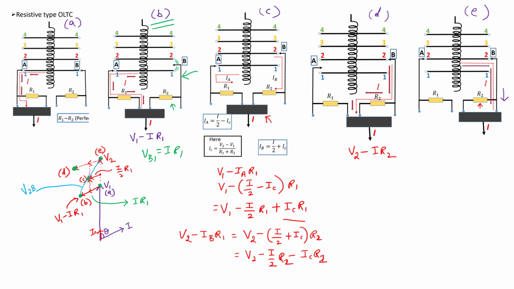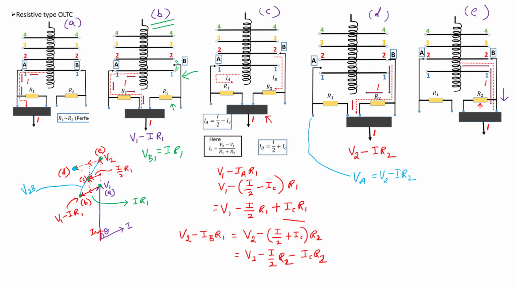And similarly, if you consider here, the node potential VA in this case is exactly equal to the line voltage because there is no current here in this R1. So this is the same as V2 minus IR2. So this is V2 minus IR2 here. This is the node potential here.